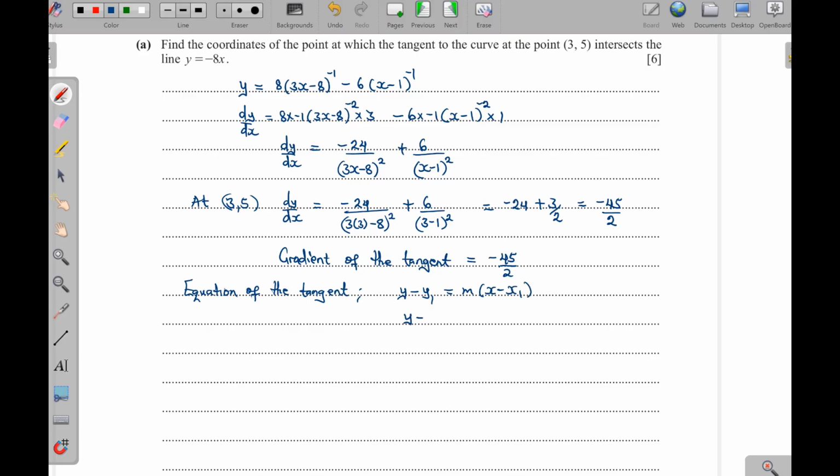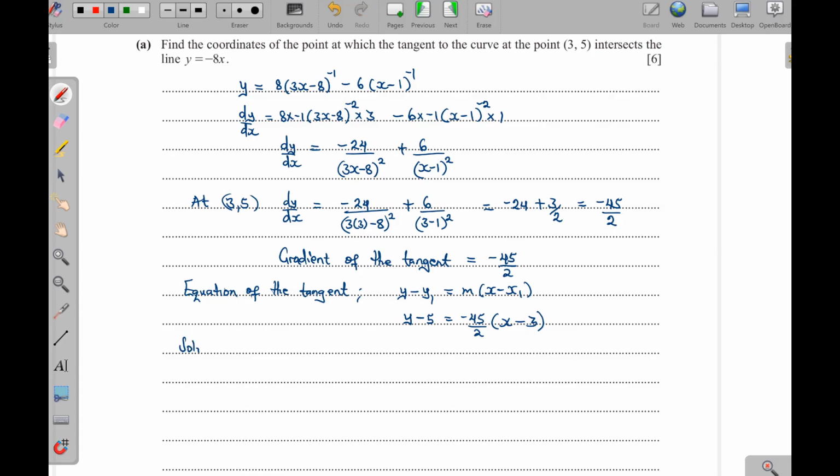So we shall have y minus 5, then m is -45 out of 2, then into x minus 3. You see that? Now, if you want, you can simplify this further, but I'm leaving it there.